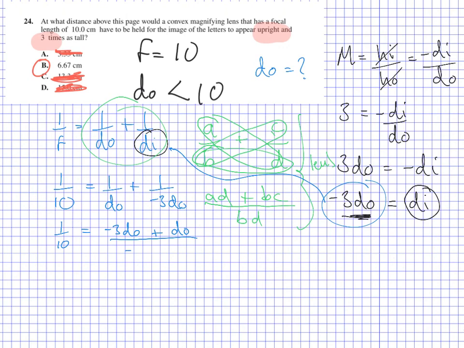So I'm going to have a negative 3 DO squared. We can simplify this a little bit further and get down to our solution pretty quickly here. Hopefully you can see negative 3 DO plus DO is going to give me a negative 2 DO. And then I'm going to go over negative 3 DO, and that is still, of course, equal to 1 over 10.